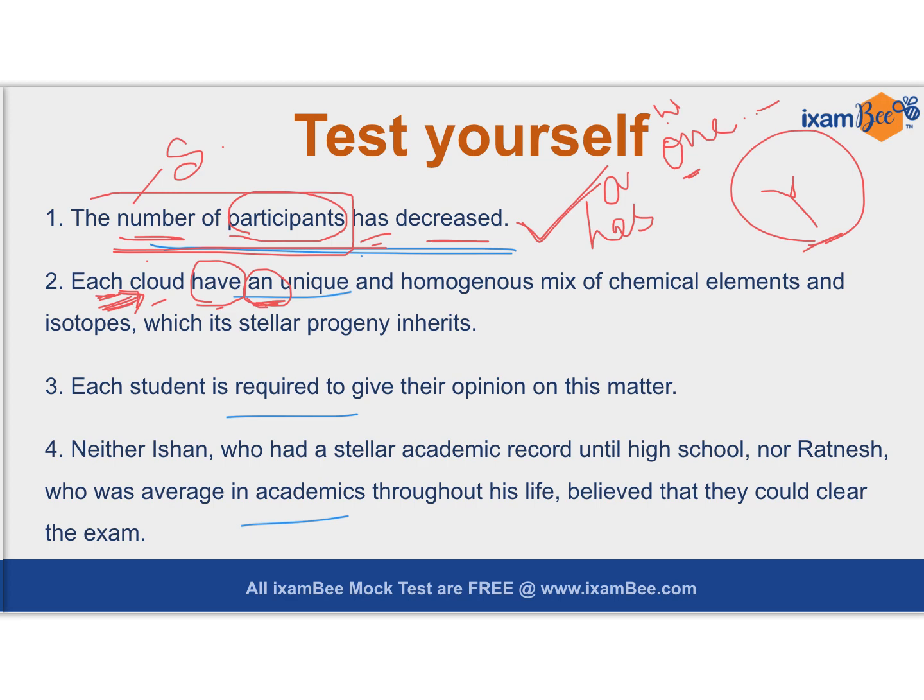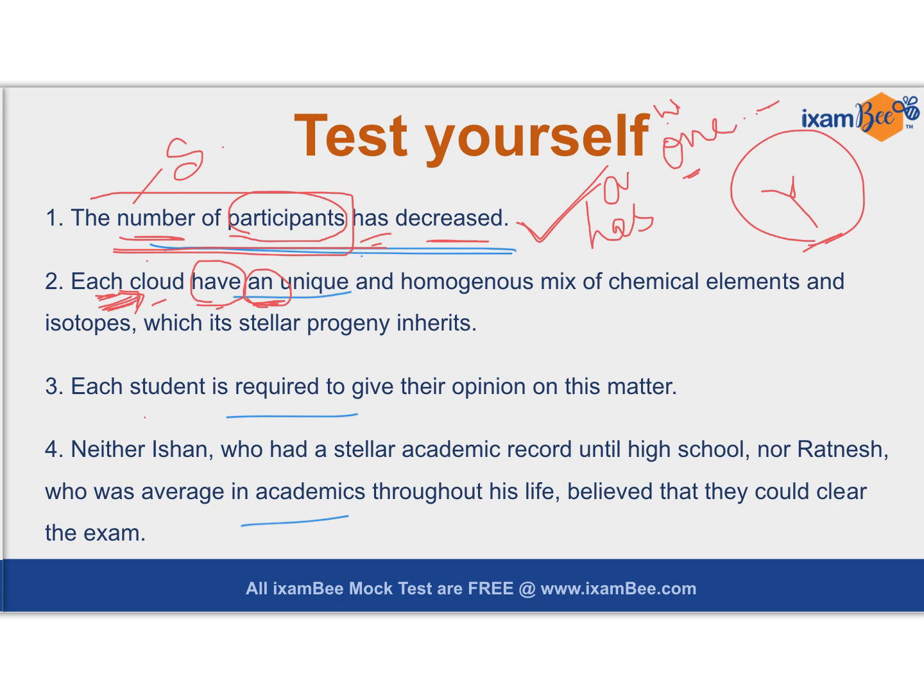So these things you need to remember so that whenever you are solving, it's not necessary that it is going to help you only in error detection. These rules are going to help you even in sentence improvement, even in close test, even in fillers. So that way, even in match the column, these rules are going to be very, very important.